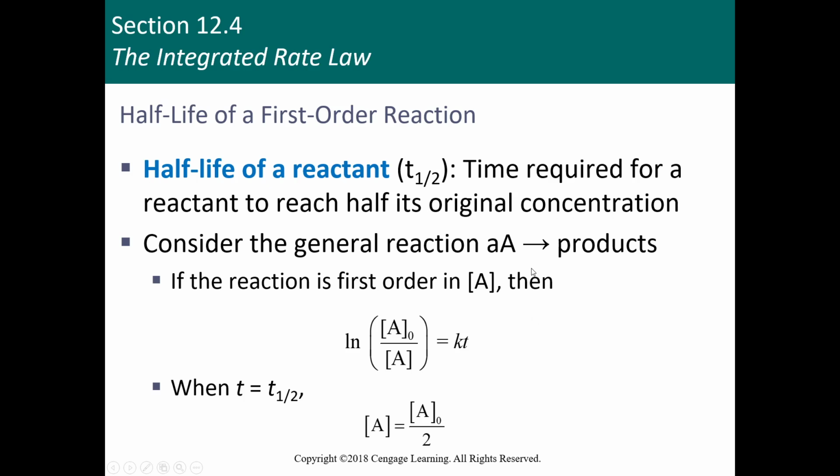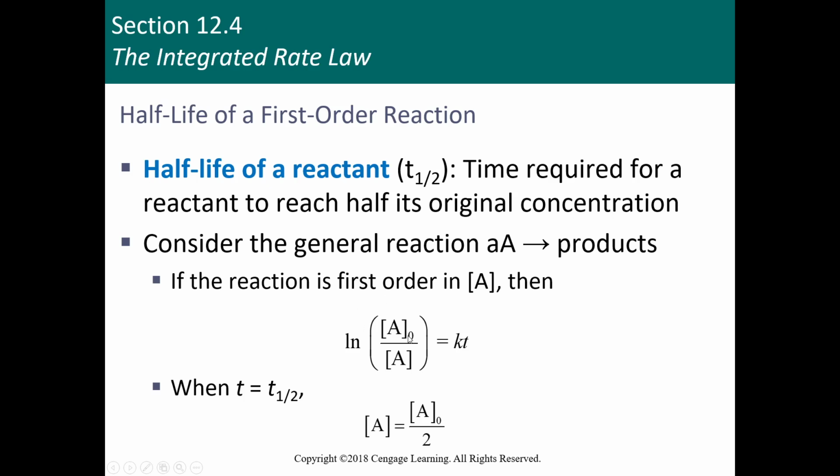Consider the general reaction, A going to products. If the reactant is first order with respect to A, then we see that this right here is that relationship that we looked at before, the integrated rate law rearranged, with time on one side and concentration on the other.